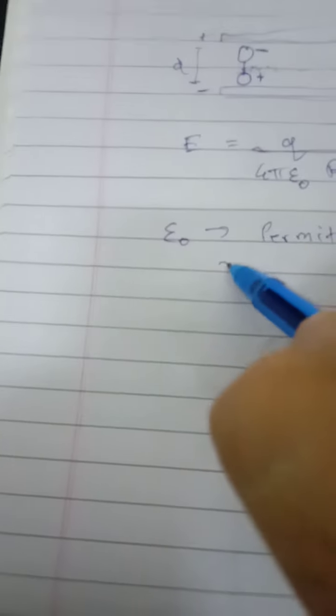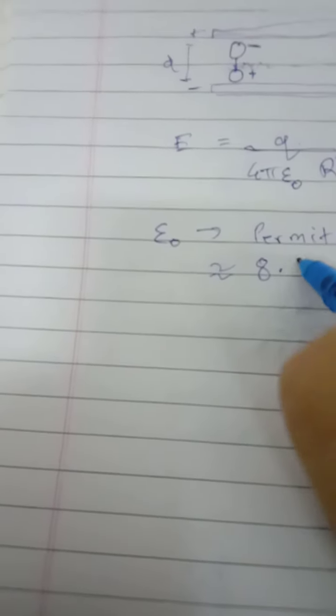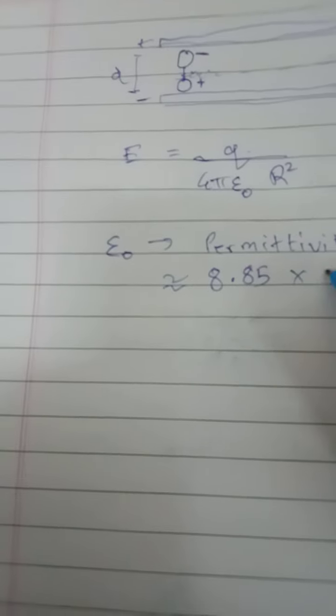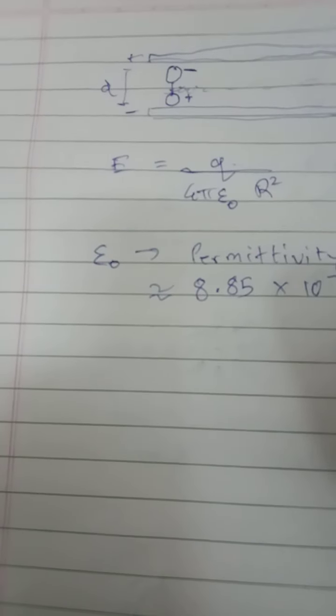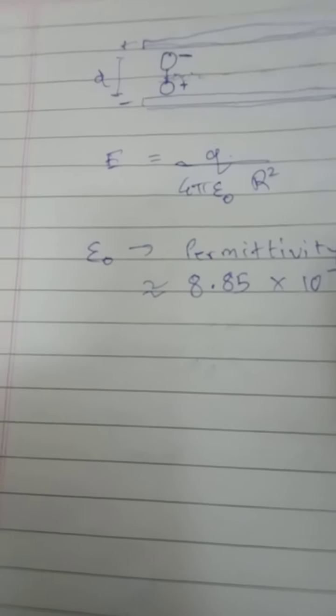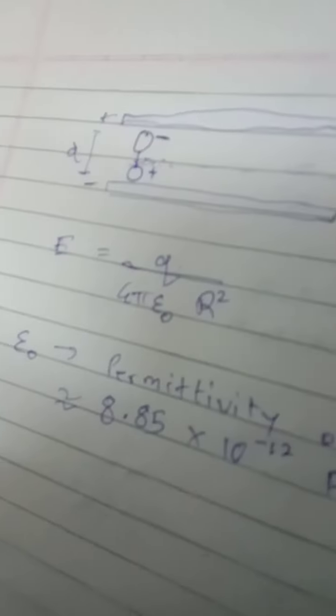Its value is approximately equal to 8.85 times 10 to the power minus 12 farad per meter. The unit is not really important at the moment because it is basically the permittivity of vacuum, where no atoms are present.